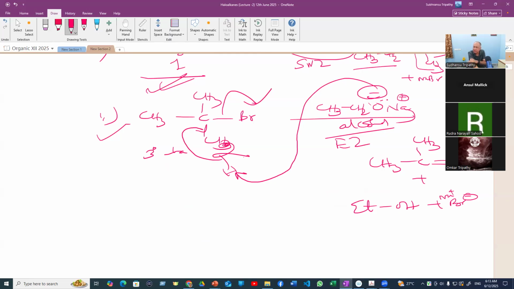All these weak acids and their conjugate bases are strong bases, and they will favor elimination from 3-degree.